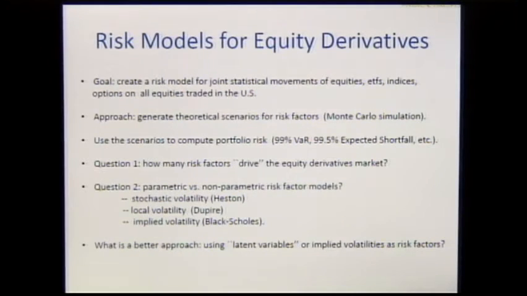There's an advantage of using Dupire or Heston, which is that your model is theoretically better, but it's harder to implement, so already in this first transparency, I have some open problems for you. If you listen to my talk, you may want to do the same thing with Heston or Dupire.